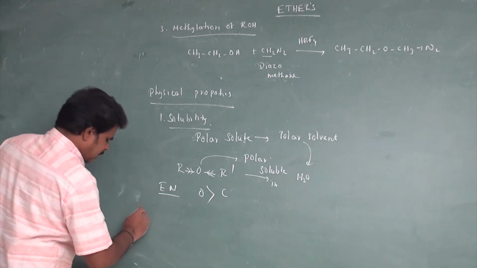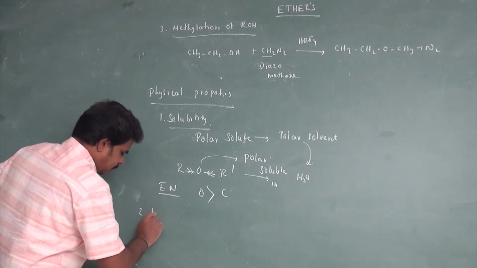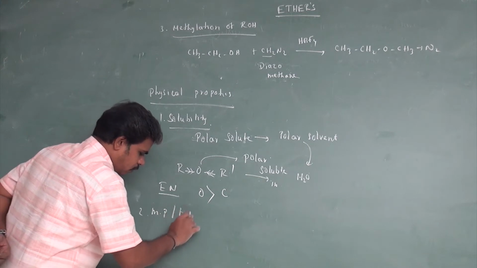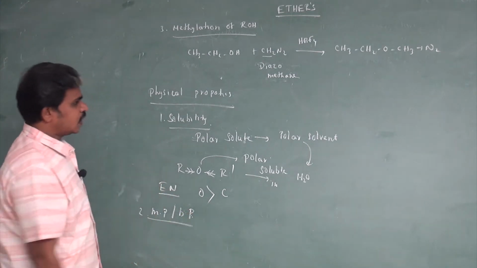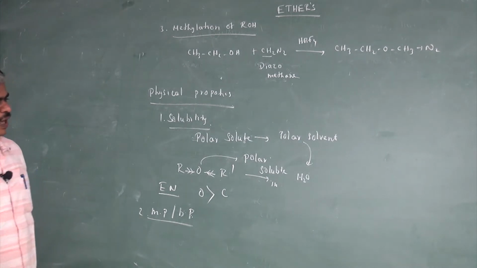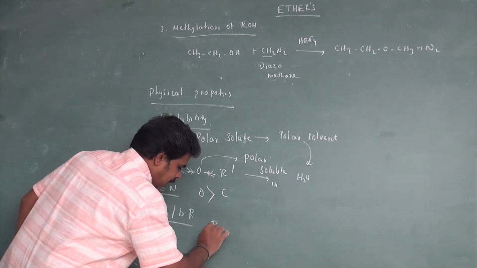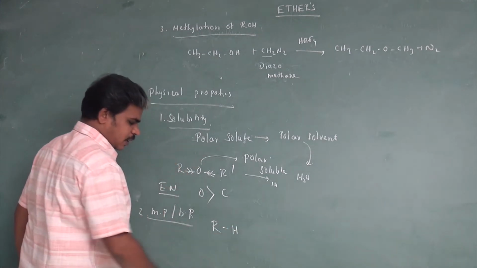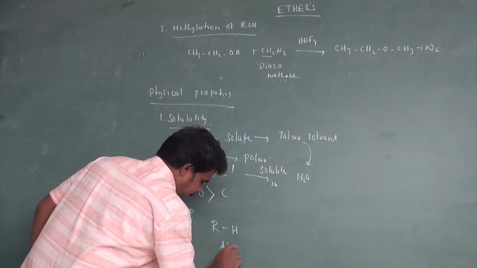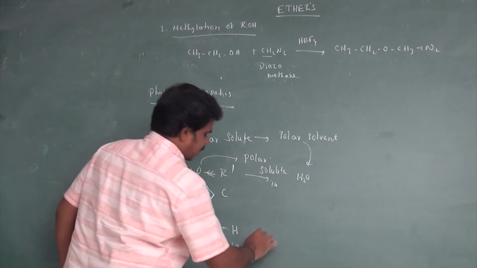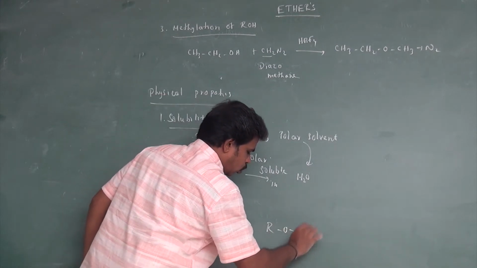Okay. Now the second one we take is melting point and boiling point. Now we may compare alkane, RH, which is nothing but alkane. Then we take ether, R-O-R'.